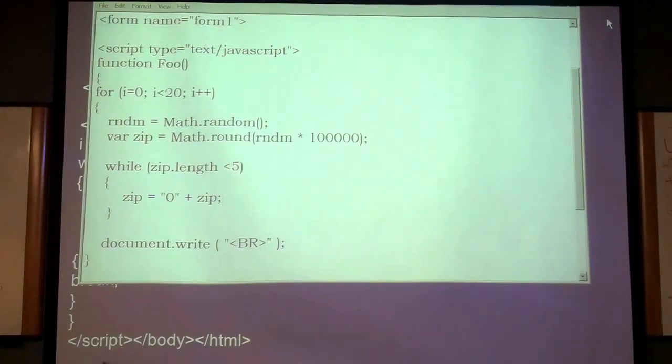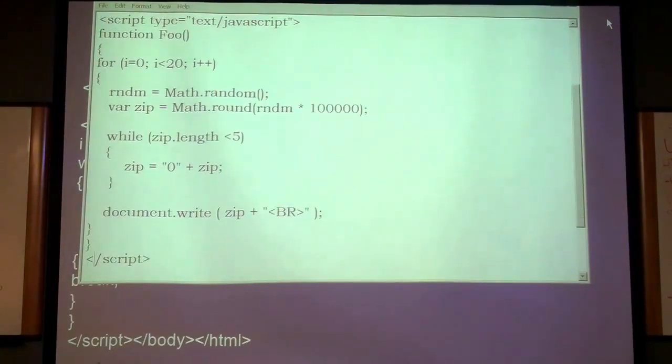And after that I'm saying document.write zip plus a line break. So this is the final code, and this should generate not 20, but I'd like to generate 2000 random zips.